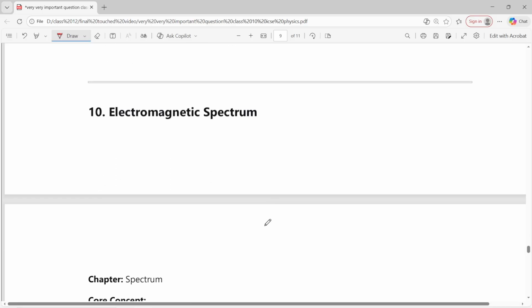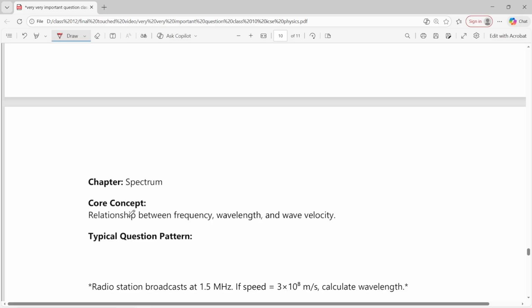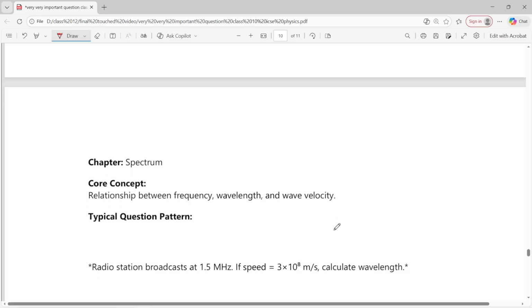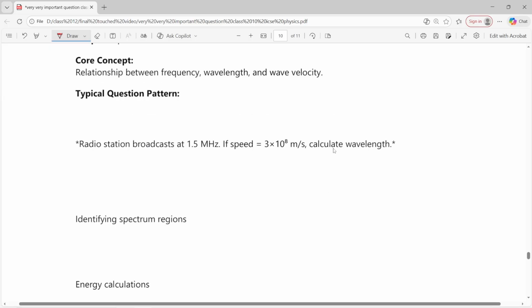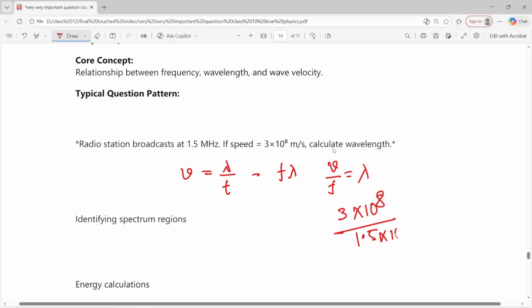Electromagnetic spectrum chapter. The core concept is the relation between frequency, wavelength and wave velocity. You get a basic question: the broadcast frequency is 1.5 megahertz, speed is given, calculate the wavelength. Velocity equals f lambda, so wavelength lambda equals v by f. v is 3 into 10 to the power 8, and frequency 1.5 mega means 1.5 into 10 to the power 6.